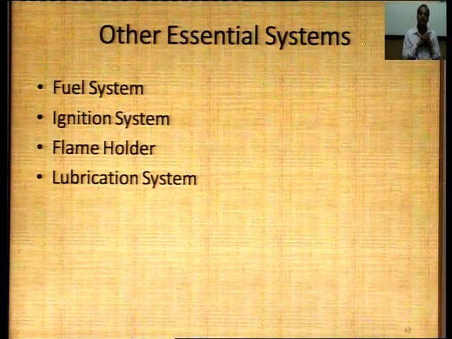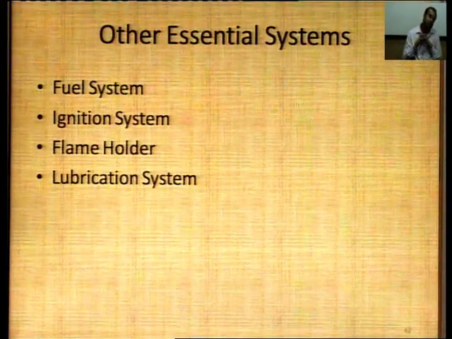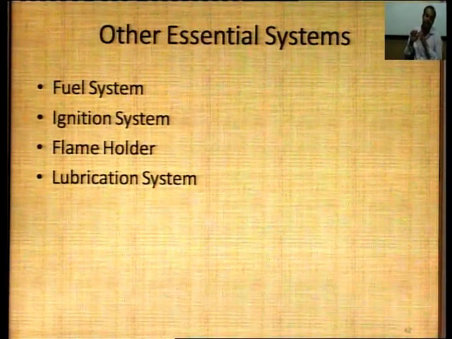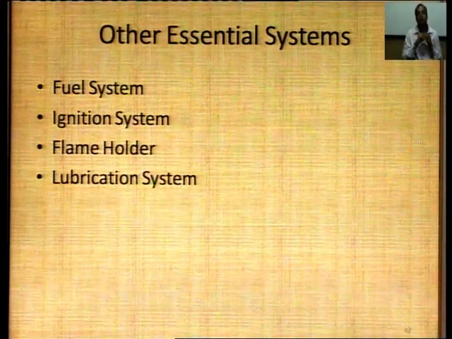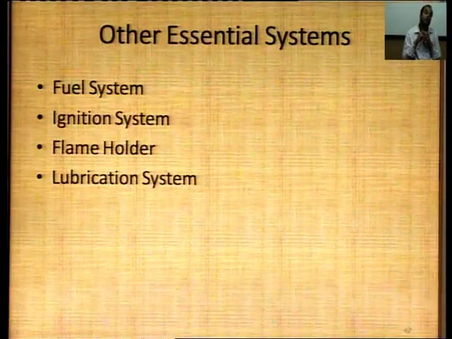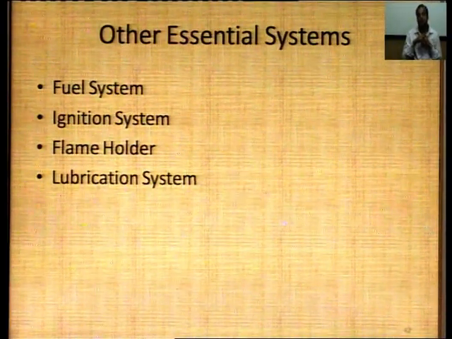Some other essential systems. First is the fuel system. Second one is the ignition system. Third one is the flame holder, and the last one is the lubrication system. These are also important essential systems in the jet propulsion engine.